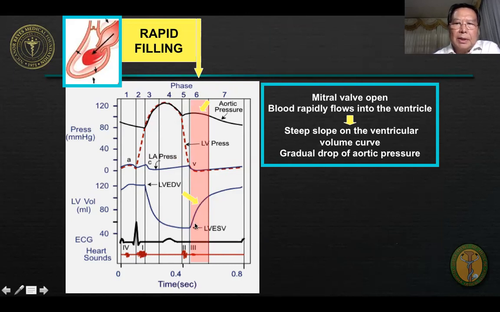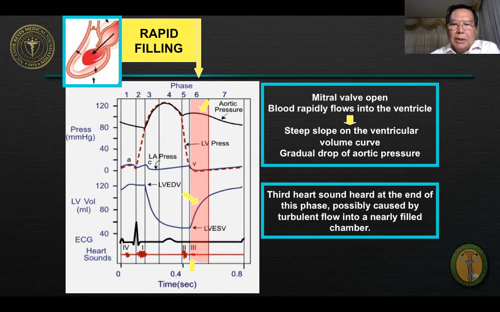Since you have an inrush of blood from the left atrium into the left ventricle, there is an increase in the volume inside the left ventricle, right? And there is somehow some small drop in the aortic pressure as noted over there, okay?